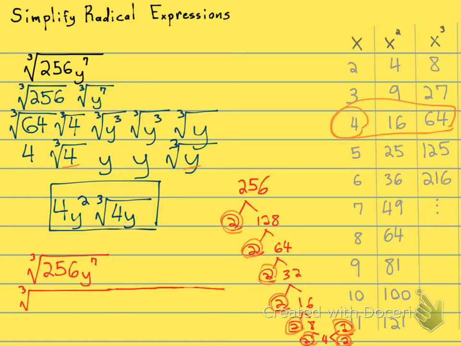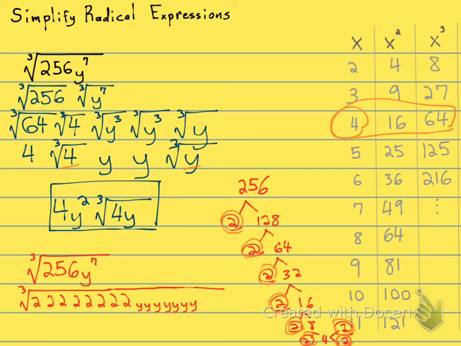It's the cube root of 2 times 2 times 2 times 2 times 2 times 2 times 2 times 2. 8 of them, right? 1, 2, 3, 4, 5, 6, 7, 8. Yes. All right, and now y to the 7th. Well, I'm going to write out 7 y's. 1, 2, 3, 4, 5, 6, 7.